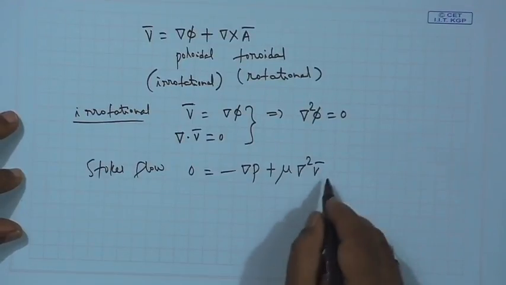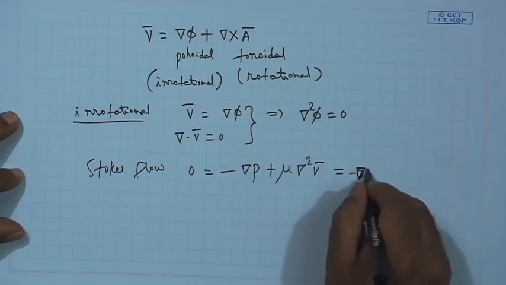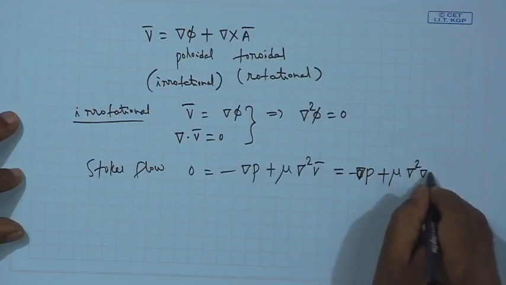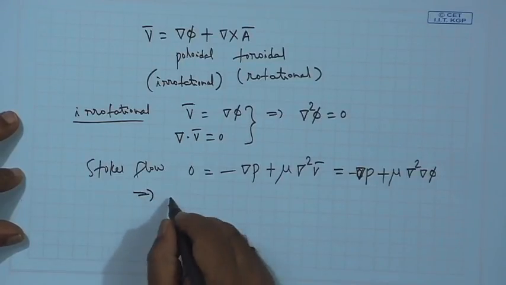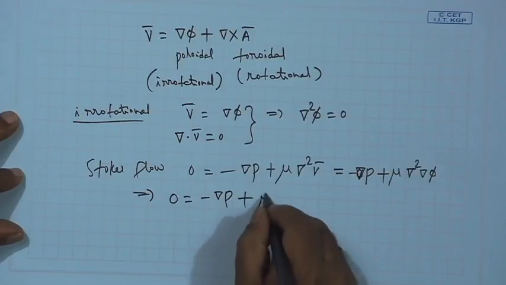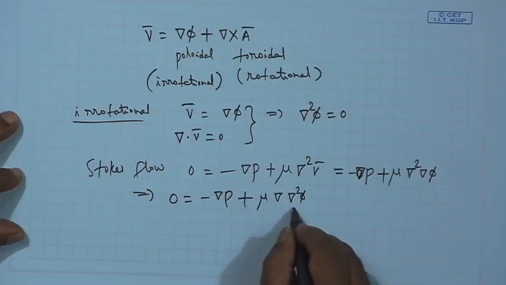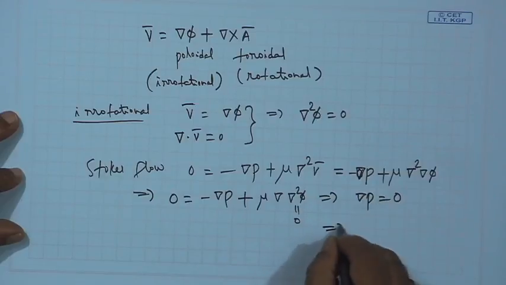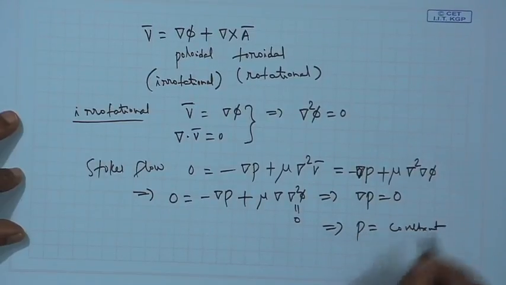and restrict to irrotational flow, what we get is, so they commute and this is 0, this implies we get 0, this implies P is constant.